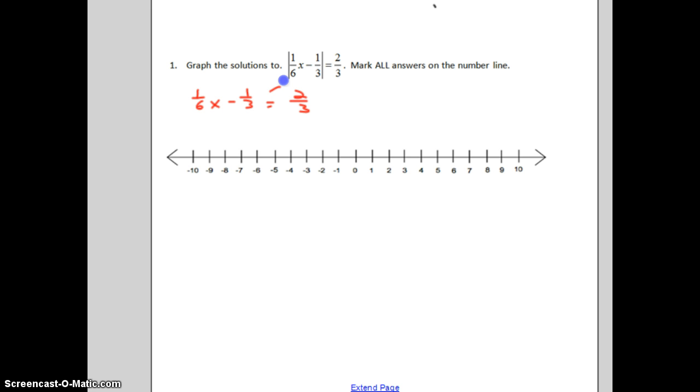Okay? The second equation, left side is going to be the same, 1/6x minus 1/3. But we're going to make the right side negative.